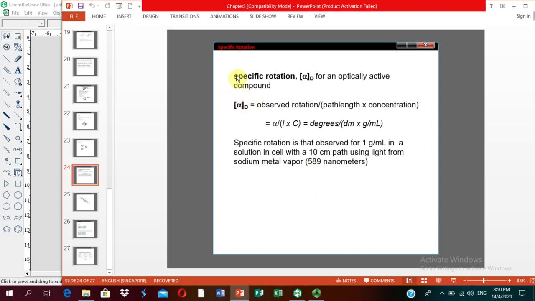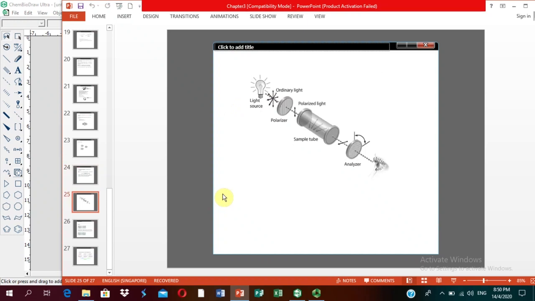You just get 0 for racemic. So this is racemic mixture. You'll have the value of optical rotation as 0. Okay, this is a polarimeter. The instrument used to determine the optical rotation of certain organic molecules.